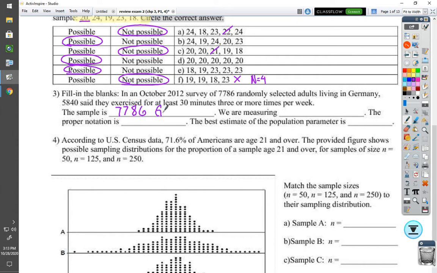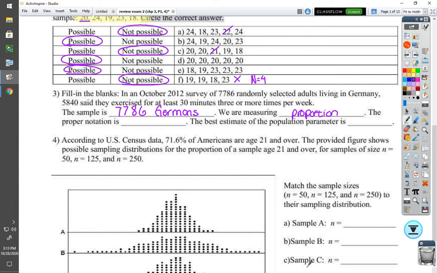It's important that we identify who we are sampling. We are measuring a proportion because it says they exercise for at least 30 minutes, 3 or more times per week.